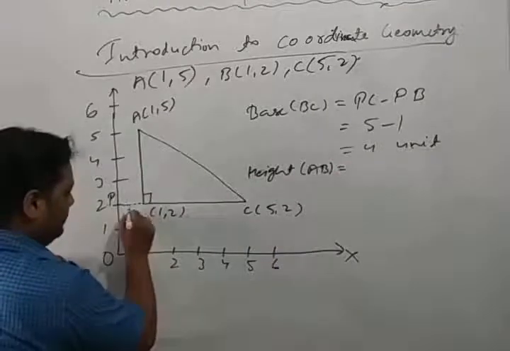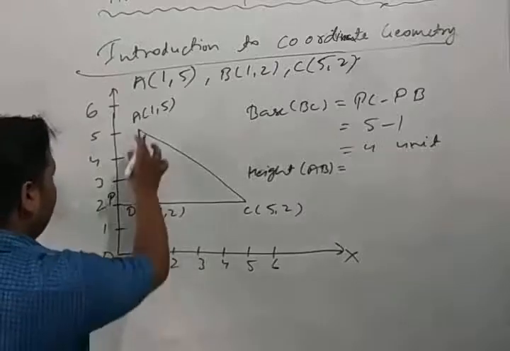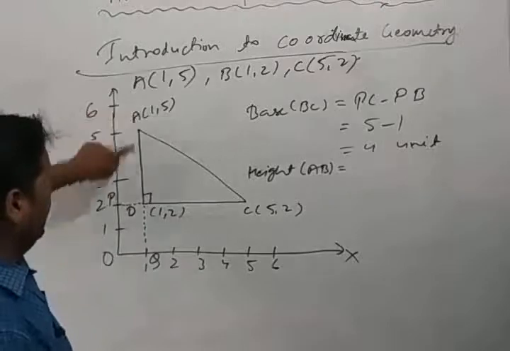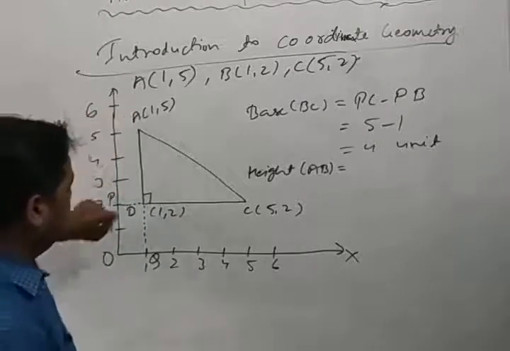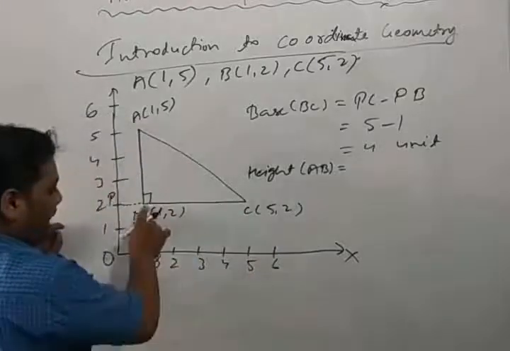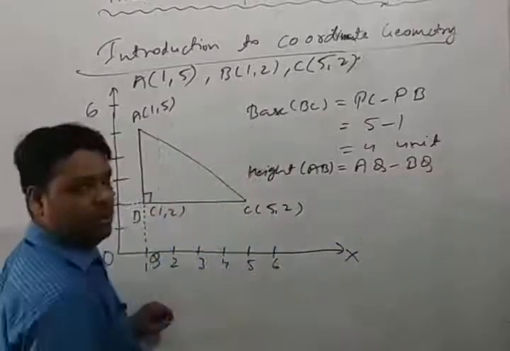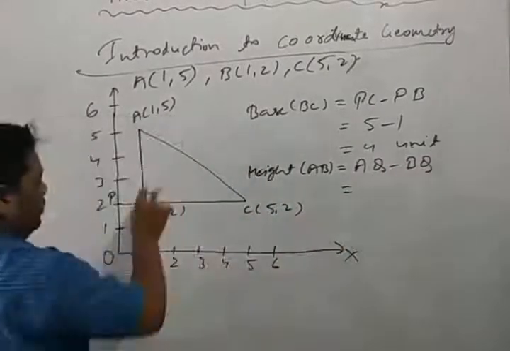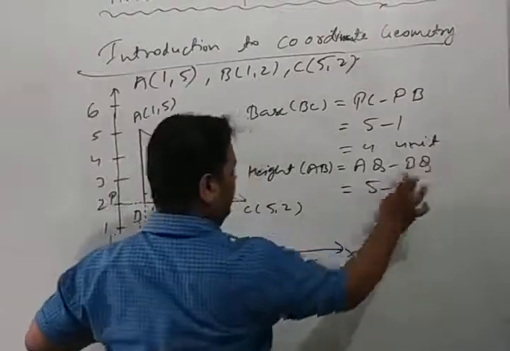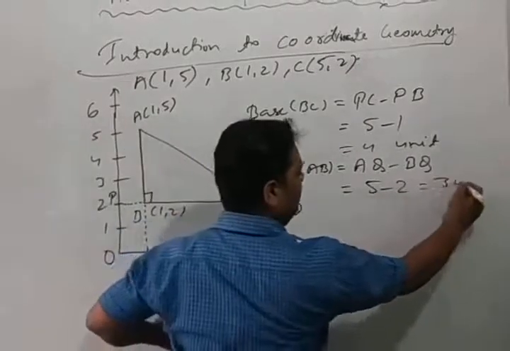Again, name this point Q. AQ minus BQ, then we will get AB. Now A to Q, total distance is 5, and B to Q is 2. Then it is 3 units.